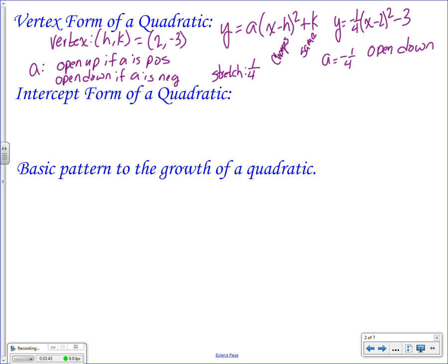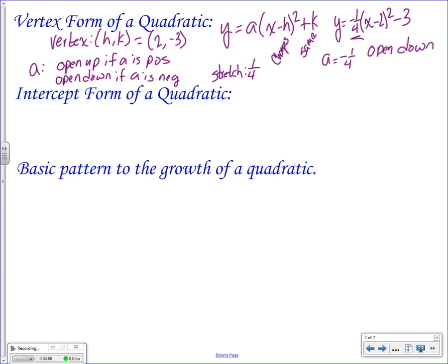What's the stretch? I'll explain that in just a minute. So there's the basic shape of the quadratic. We'll talk about what that does to the graph in just a second.